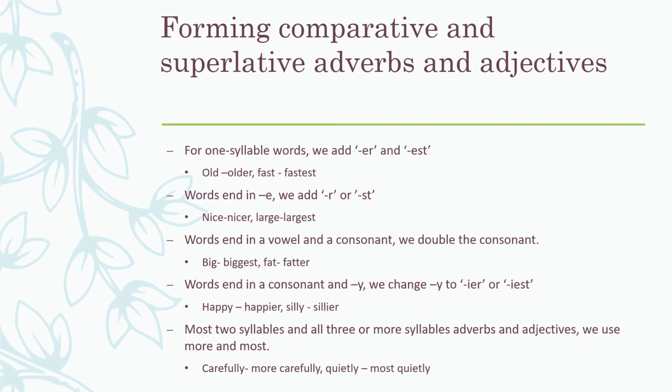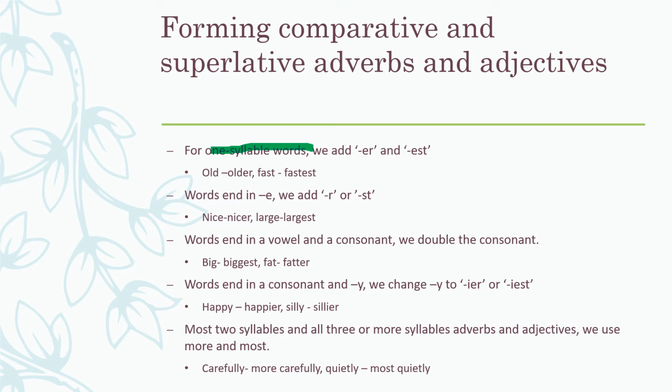So this is sort of the formula. For one syllable words, we add -er or -est. For example, old becomes older, oldest, fast becomes faster, fastest.